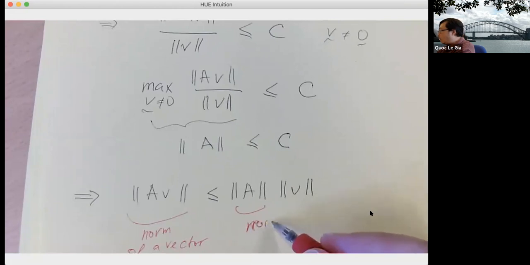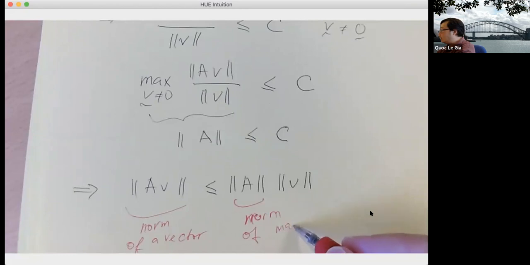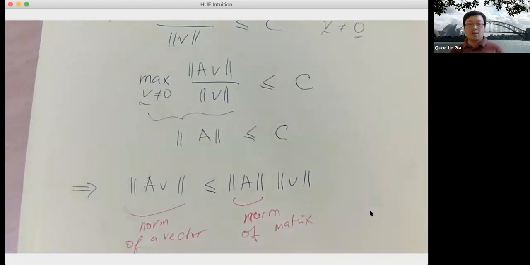The definition of the matrix norm is a bit involved, but the norm of vectors can be defined by the formula we saw before. So any question? This is just a consequence from the definition.